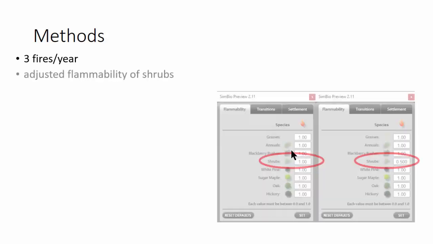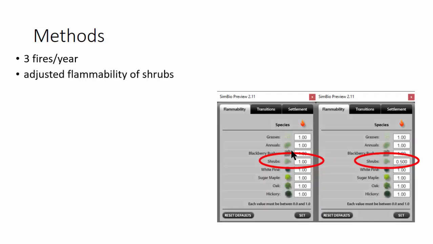Okay. So then I'm going to talk about the methods. It's good to have a summary of your methods like this. And I'm just going to say, so I set it so that there were 3 fires per year. I adjusted the flammability of the shrubs, like I said. I picked shrubs out of all of these because of median generation times.